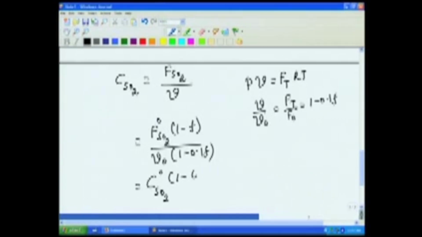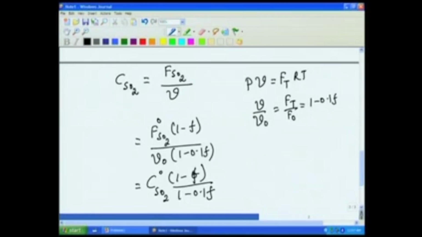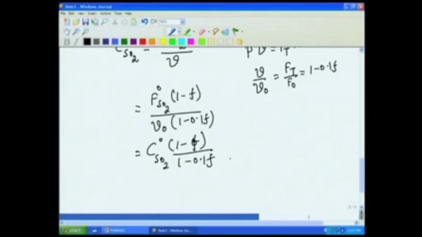So, times 1 minus F divided by 1 minus 0.1 F, and we can go on doing this for all of them.